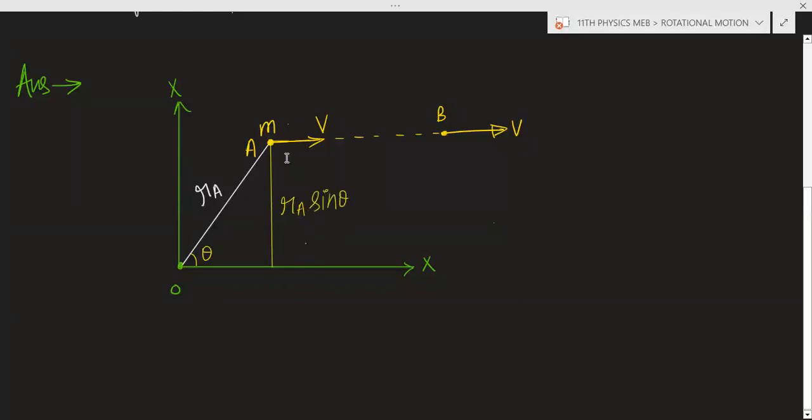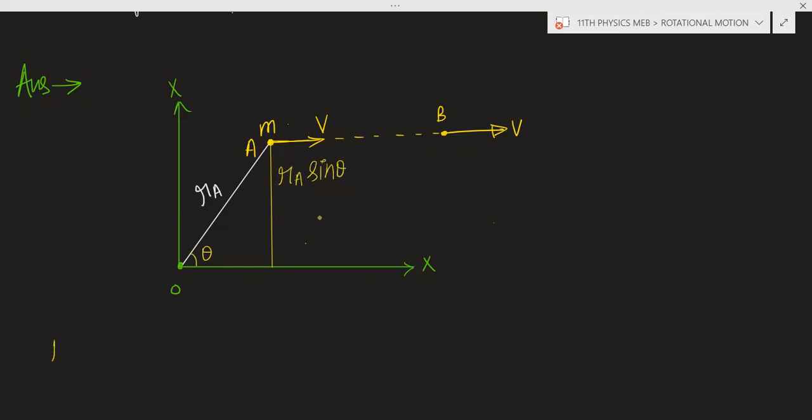Now calculate the angular momentum about O for position A. That will be equal to mass into V into RA sine theta.